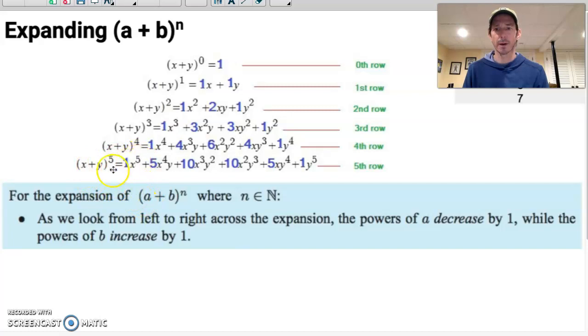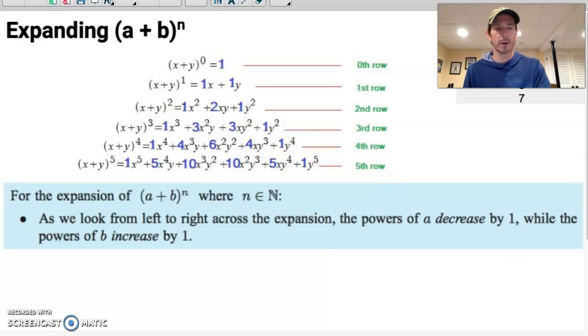It starts at the highest power, then it's 4, then 3, then 2, then 1, and then it doesn't exist. And powers of b increase by 1. There is no y, b is y in this case, then it's y, y squared, y cubed, y to the 4th, y to the 5th. So they go in opposite order.